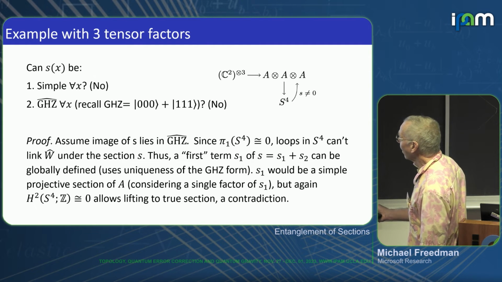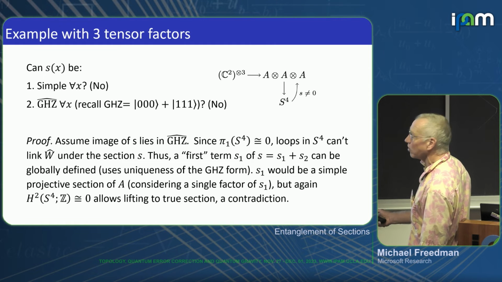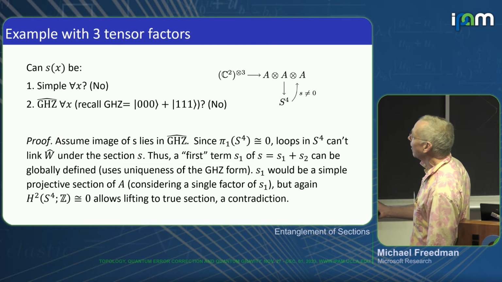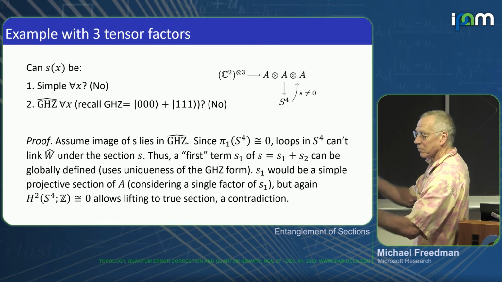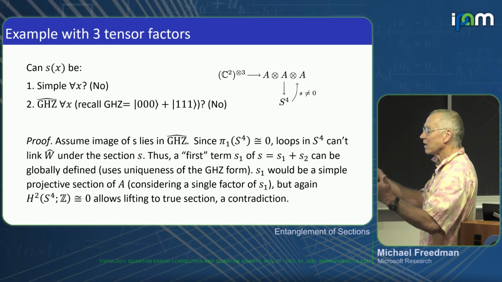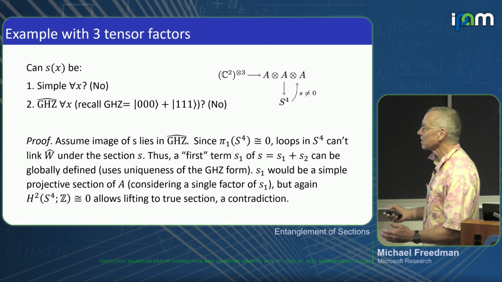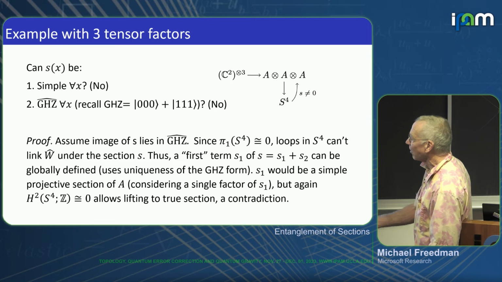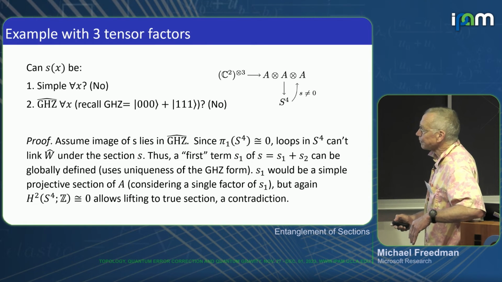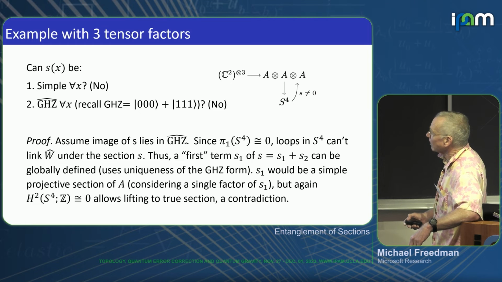So having a well-defined, quote, first term, S1, puts us back in the original situation, because the first term is just three things tensored together, and we have already seen that that contradicts the vanishing of the cohomology class. So that's the proof that there's no fully GHZ section.